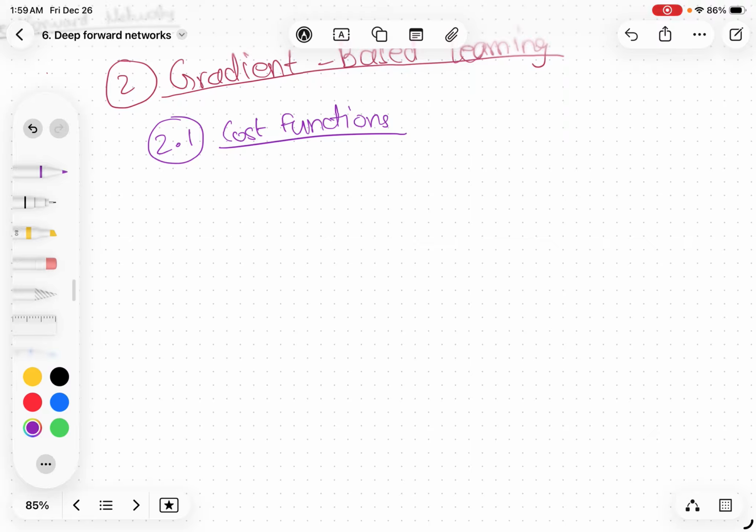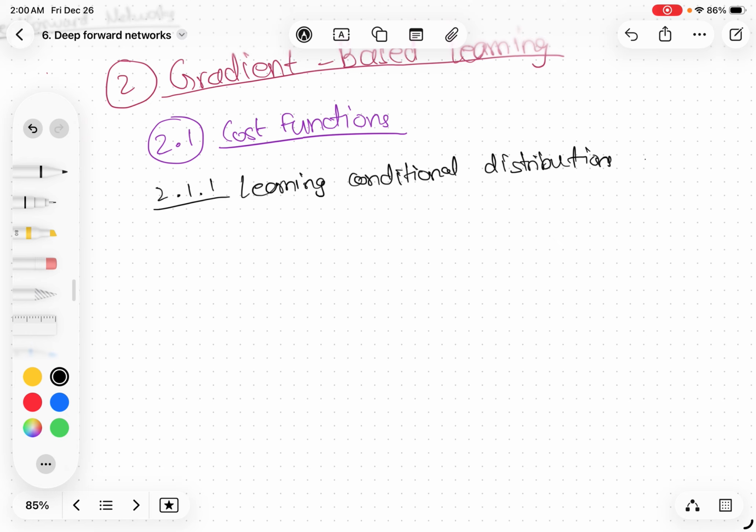And so inside the cost functions, there are some more topics. So let's learn about learning conditional distributions with maximum likelihood.